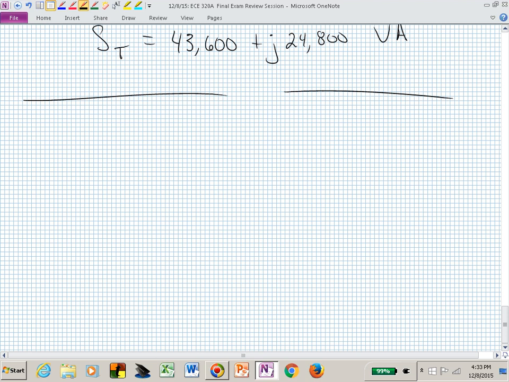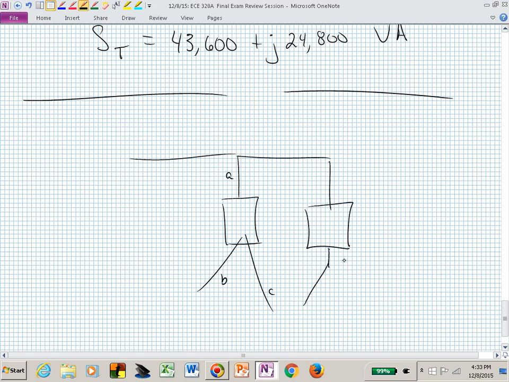Since they're asking for the line current, let's just assume that this is Y connected. Let's say this is A, this is B, and this is C. We have another load here, and it has its B and C, and this is now A1, B1, C1.